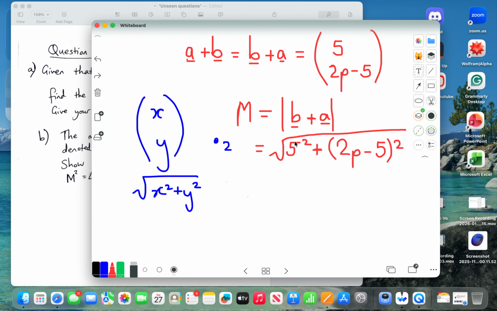So if we want to square this, then the square root must be over the entire of this expression in blue, which it is. So if we square both sides, the square root and the square cancel each other out, and we're left with the expression.